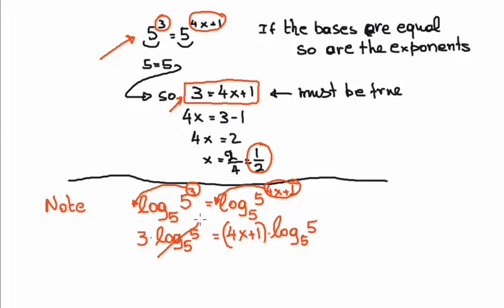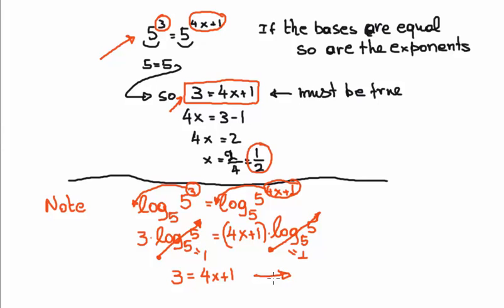But we also know that the log of a number on the same base of that number is equal to 1. So log of 5 with base 5 is equal to 1. So what I have is 3 equals 4x plus 1.